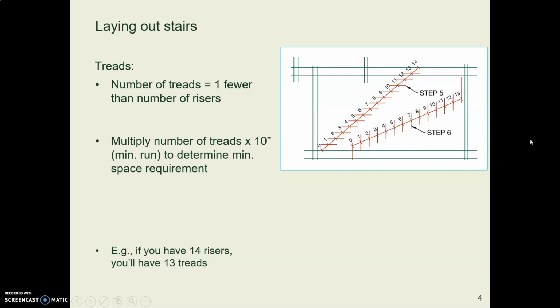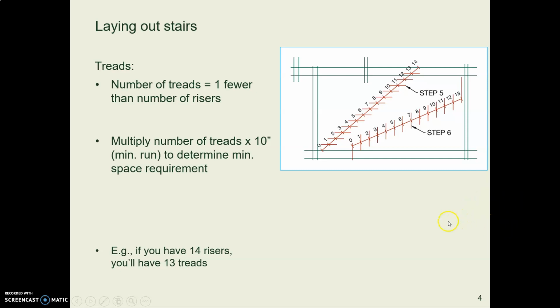And we know that we can't have our treads be any shorter than 10 inches. So we'll need at least 10 inches deep, preferably more. We can do the same kind of calculation, the run divided by 10 to find out the minimum number of treads we need, round down to find out what they really are.